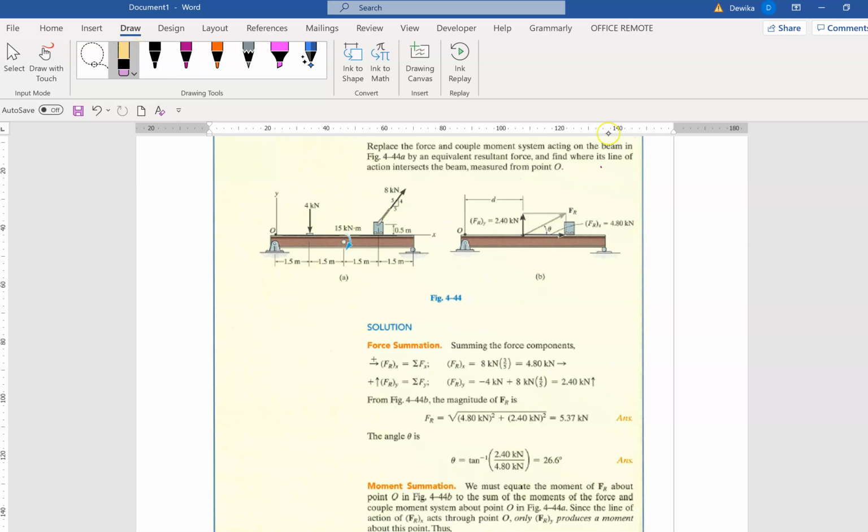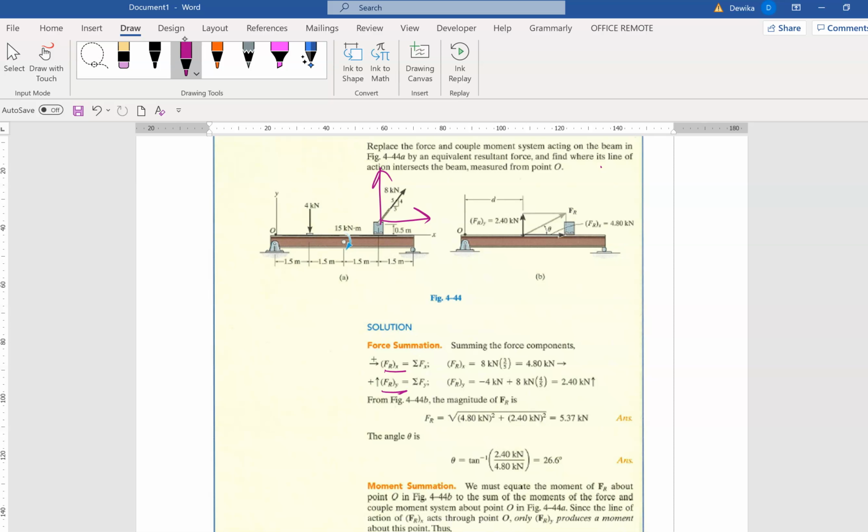This is slightly different from what we have done before, so pay attention here. The first thing to do is to just blindly find the resultant forces, which are FRx and FRy. This one can be resolved into 2 components as well. And then what other forces do we have? We only have 2 sets of forces.